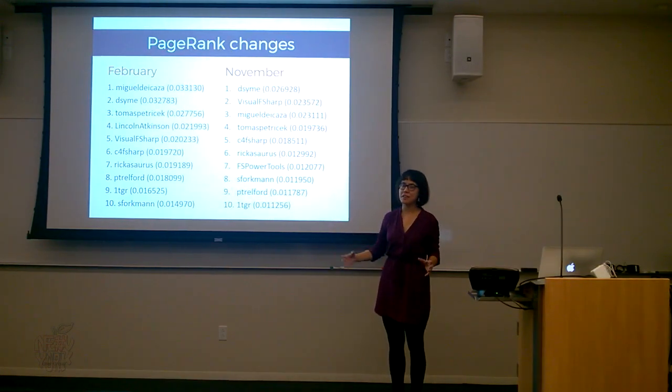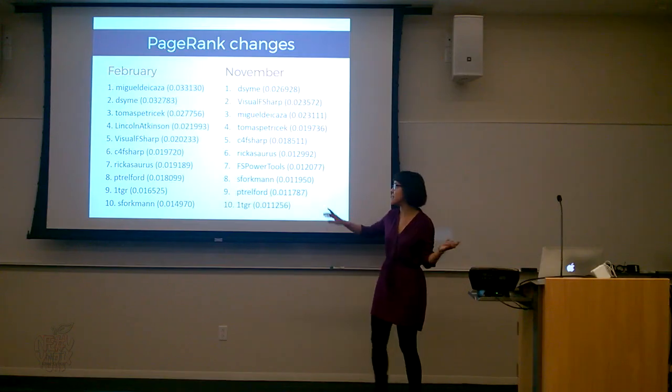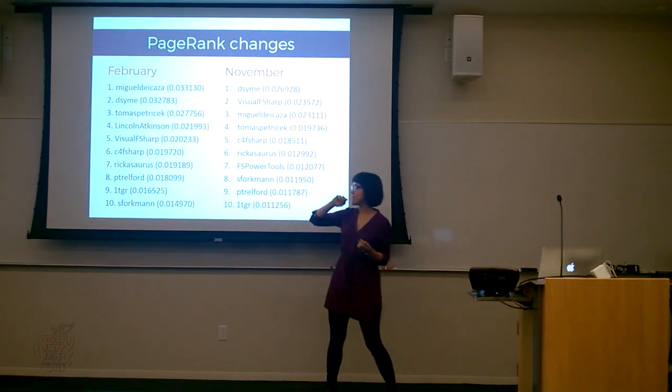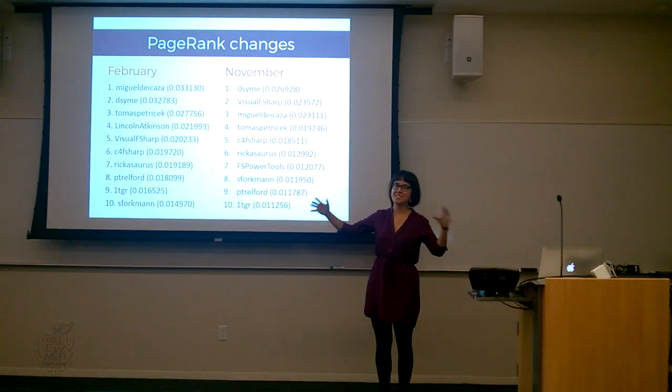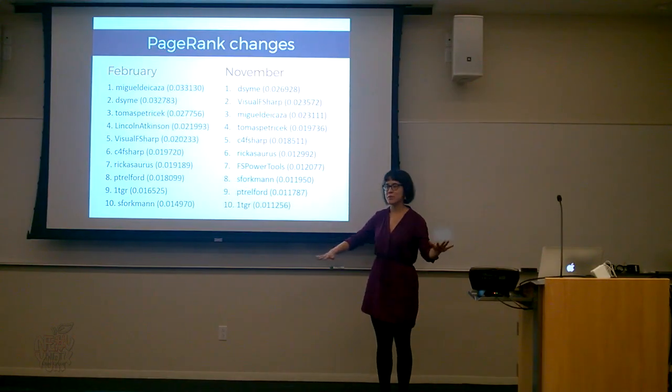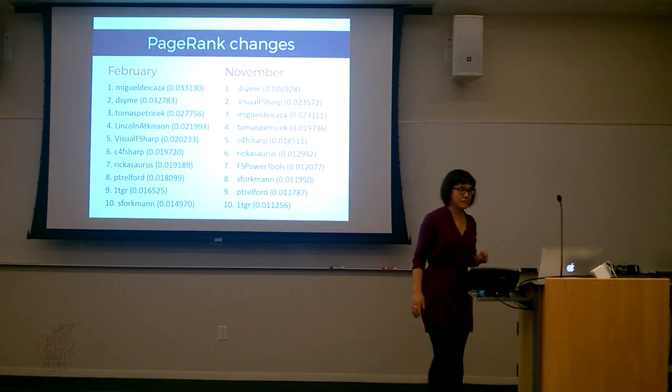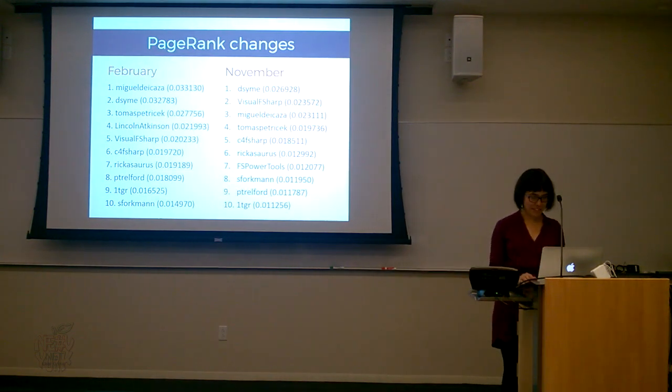But because the network is growing over time, it has 1,000 or 800 more accounts now than it had in February. That means the whole amount of PageRank is diluting between more nodes right now. But you can see that it's more or less stable.